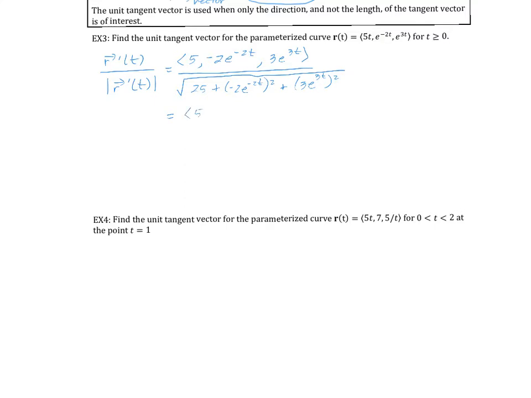All right, so 5, negative 2e to the negative 2t, 3e to the 3t, over the square root of 25 plus 4e to the negative 4t, plus 9e to the 6t, and that's underneath the square root.